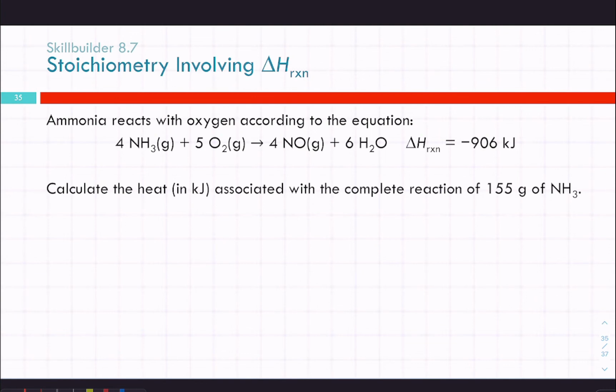All right. So if ammonia reacts with oxygen, according to this equation, calculate the heat in kilojoules associated with the complete reaction of 155 grams of ammonia. So it's just another stoichiometry problem. We'll start with 155 grams of ammonia.